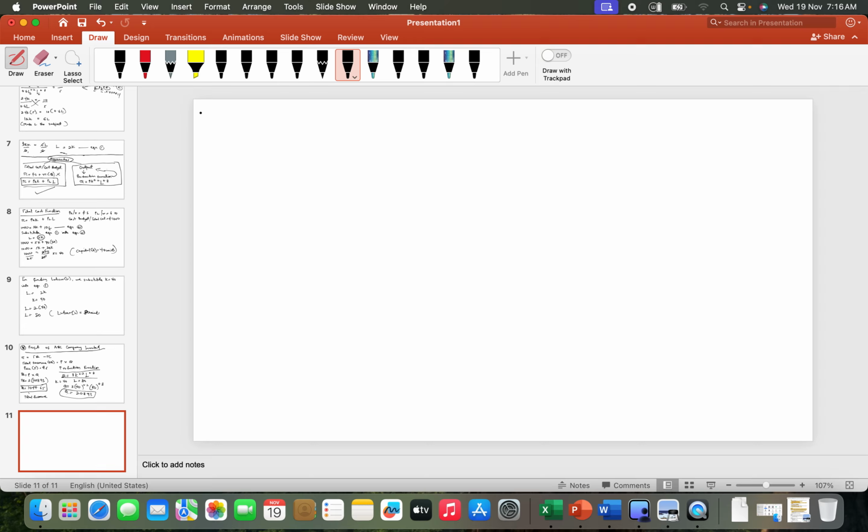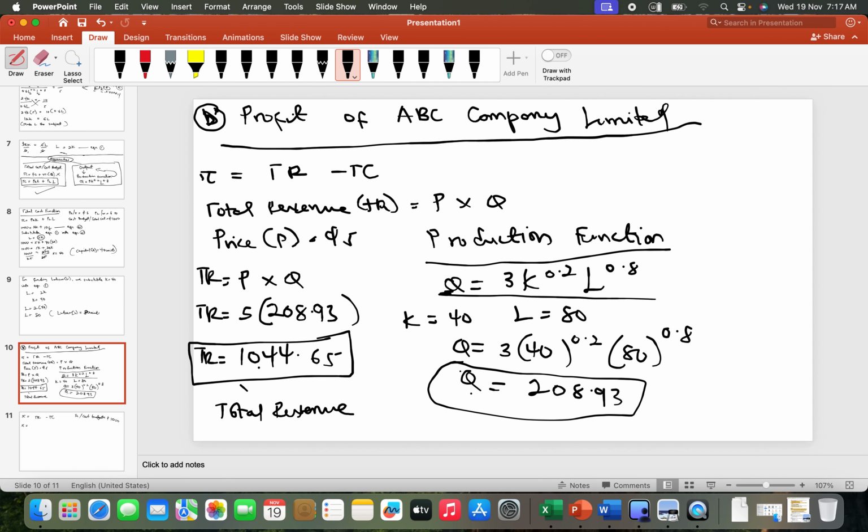Okay. So we are still finding the profit, because we know it's total revenue minus total cost. In the question, we were given total cost, which is the same as cost budget, to be 1,000 cedis.